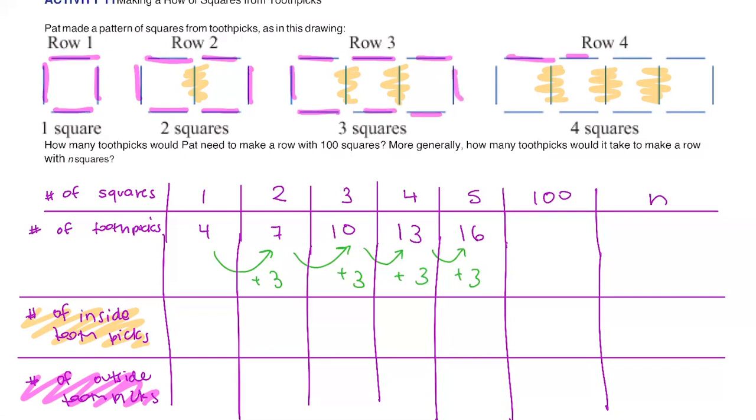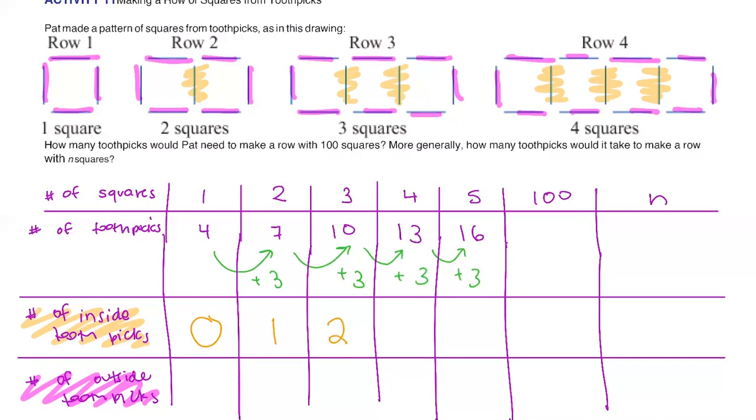I'm going to highlight all of those in pink. All right, so I'm going to start with inside toothpicks, color coordinating as I go. In the first square box, I didn't highlight any orange, so there's 0 inside toothpicks. For 2 squares, there's 1 inside toothpick. For 3 squares, I highlighted 2 parts, so there's 2 inside toothpicks.